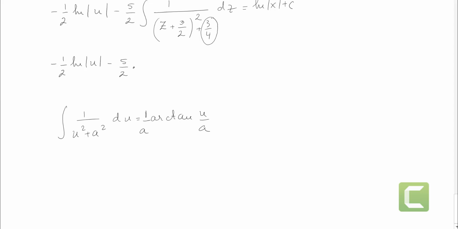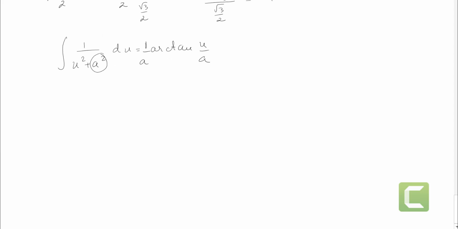This would be a squared, right? So then it's 1 over square root of 3 over 2, and then arctangent of (z plus 3 over 2) over square root of 3 over 2, equals ln of absolute value of x plus c.